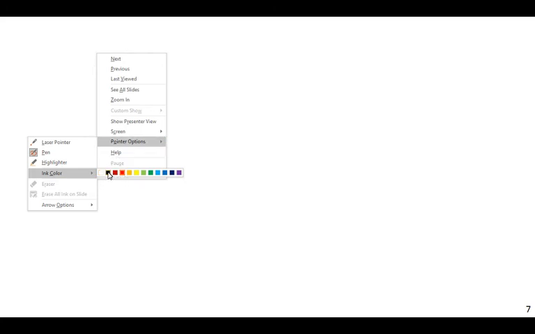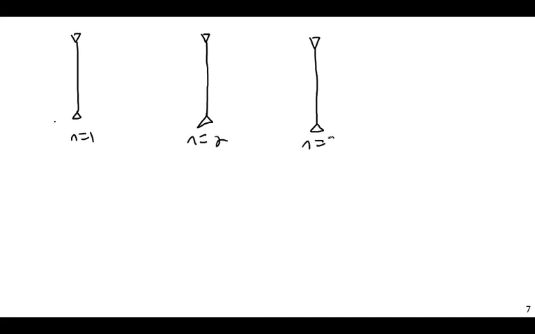Just to describe what these mean, let me draw out a series of columns and show what the geometry for each buckling mode would be like. So let's do n equals 1, n equals 2, and n equals 3. These are the Euler buckling modes.